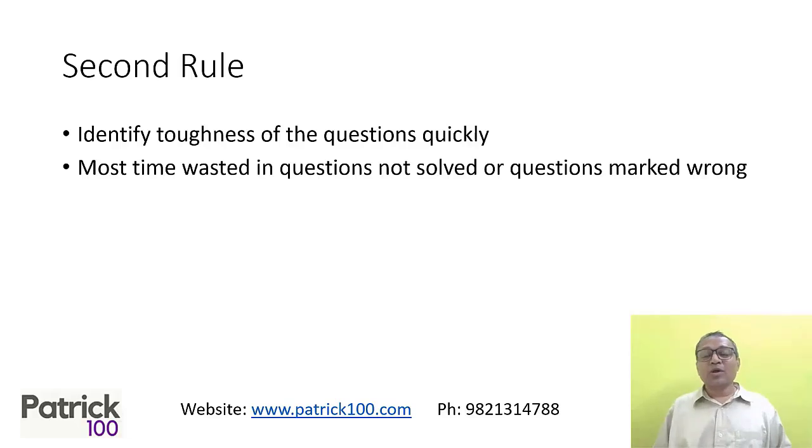If you notice how you've used your time, you'll see that you used less time solving questions and most of your time on wrong questions, marking questions, or leaving difficult ones. So ensure that you identify the difficulty level of questions quickly, and reduce the time wasted on difficult questions or ones that have gone wrong as far as possible.